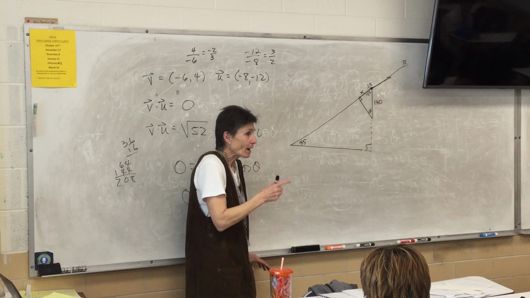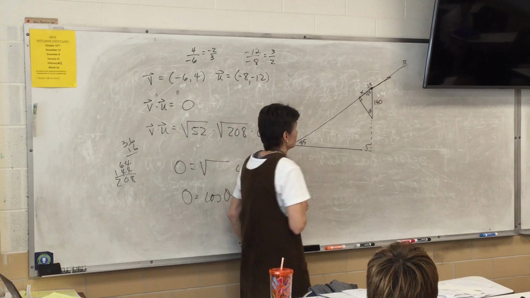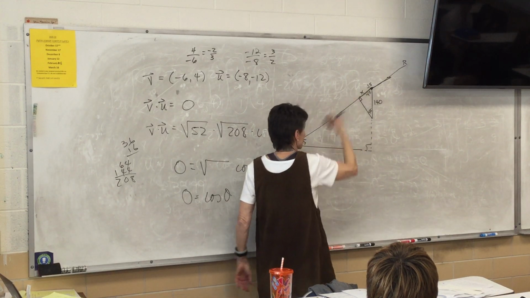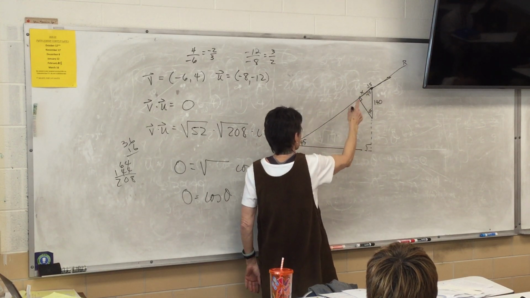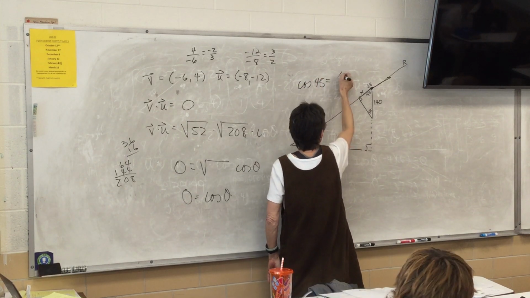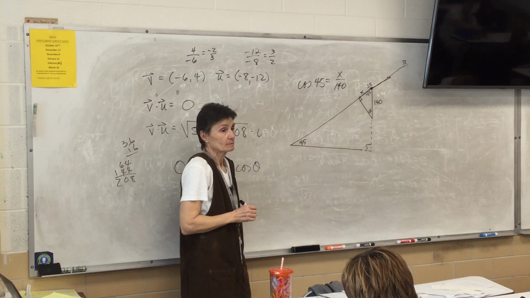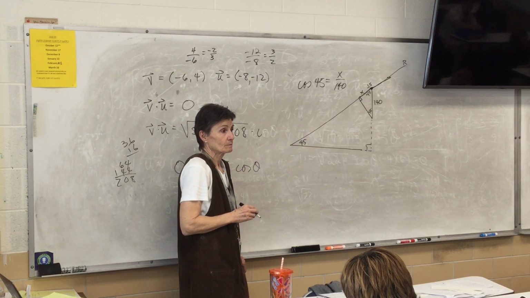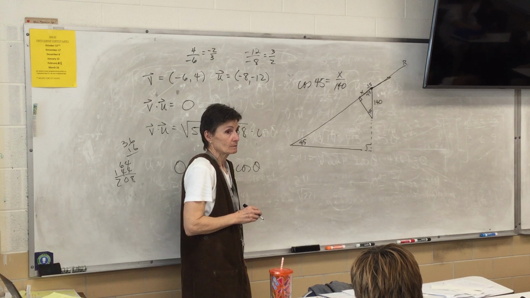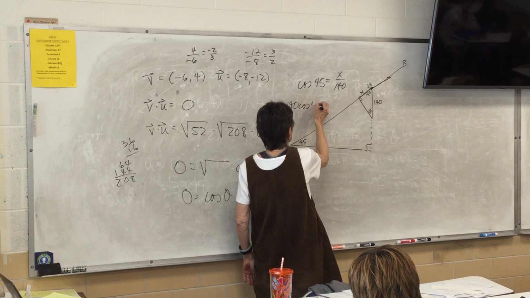Well, that's easy. It's a right triangle. How can I find that distance? You can use cosine or sine. It doesn't really matter since it's the same angle. But cosine 45 equals x over 140. Does that make sense to everybody? So 140 cosine 45.